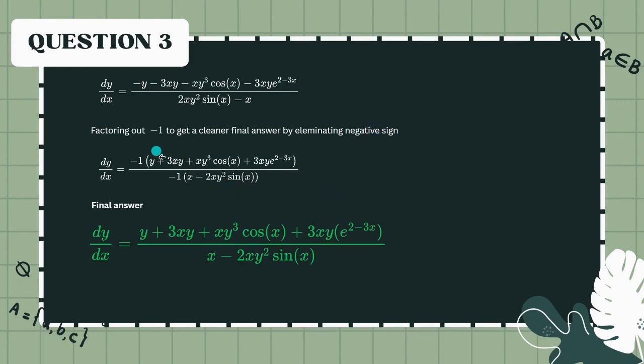So we multiply negative 1 for each of the numerator and denominator. We will get the final answer. Dy dx equals y plus x 3xy plus xy cubed cos of x plus 3xy exponent of 2 minus 3x per x minus 2xy square sine of x.